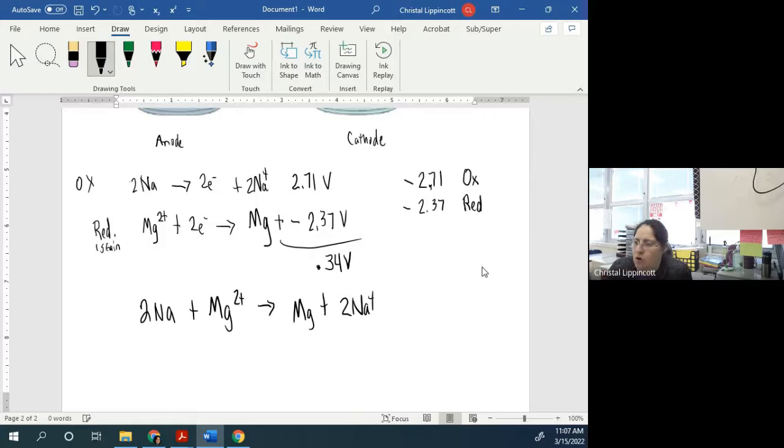That's your overall reaction. So there's your overall reaction. That was the answer to letter A on the I do problem. They asked for the calculation for the voltage. So this is the calculation for the voltage. This is letter B on your I do problem.